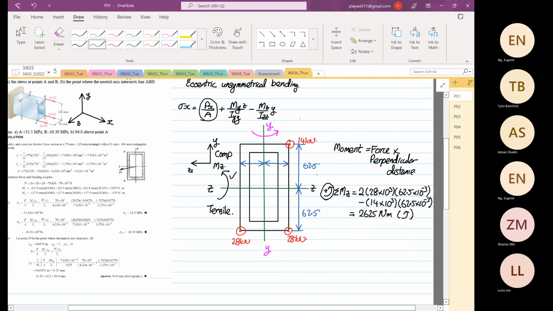And these are equal to 75 divided by 2, 37.5 millimeters. So for this case, we assume that positive is going in this direction, right?